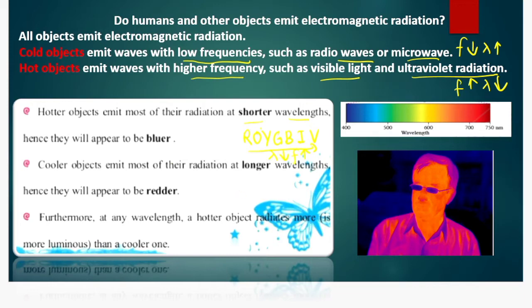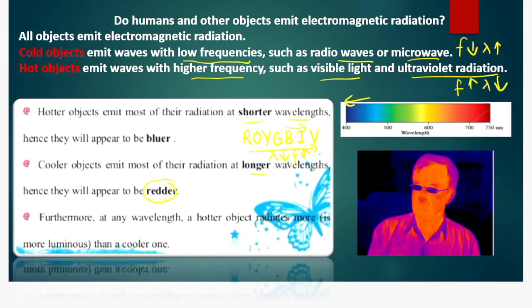Cooler objects emit most of the radiation at longer wavelengths. Hence, they will appear to be redder. As you can see, red color is longer wavelength. Furthermore, at any wavelength, a hotter object radiates more or is more luminous than the cooler one. As you can see, if we compare red color and yellow, yellow is more luminous than red color.